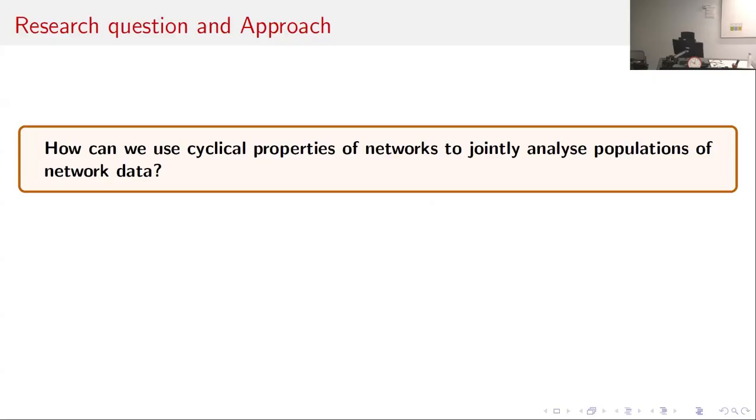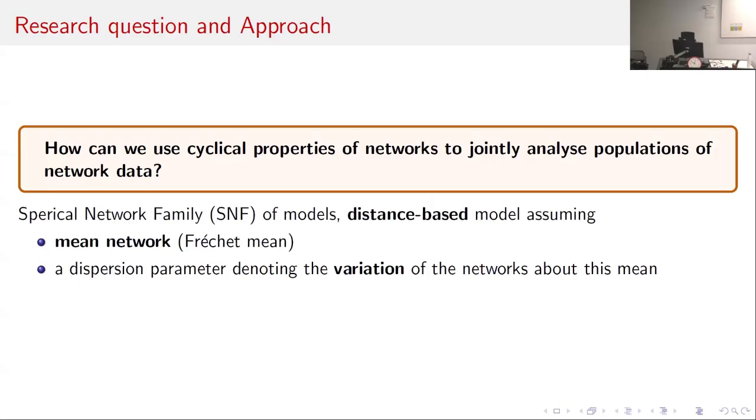So the question is whether we can use the statistical properties of the network population to make inferences. And for that, we use the model by Gomez et al., the spherical network family of models. The reason why we consider these models is because it's a distance-based model.